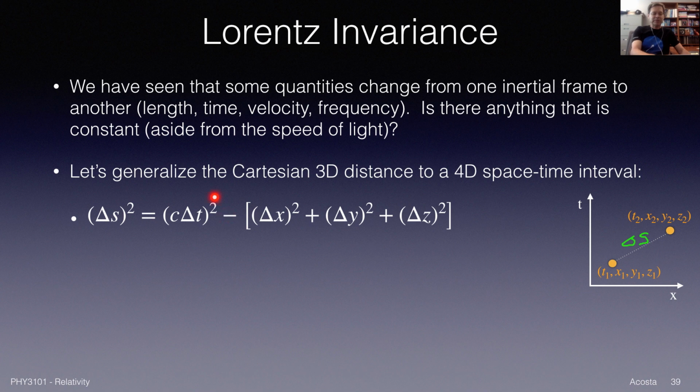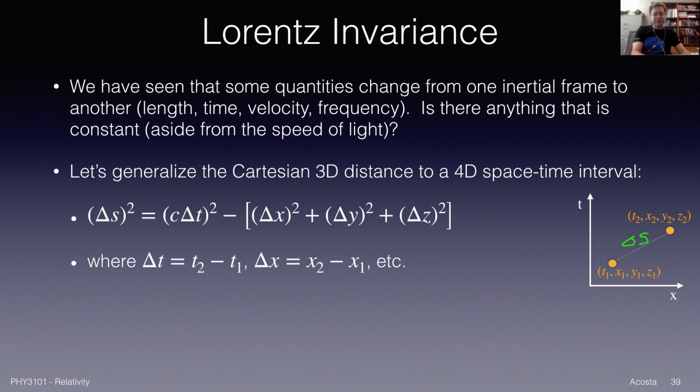So we're going to call this c times the time difference, delta t, between those two events, quantity squared, and then we're going to subtract off what had been the Pythagorean distance in Cartesian space. So we have delta x squared plus delta y squared plus delta z squared. That's like the three-dimensional distance between these two points, the square of it anyway, but we're going to subtract that from (c delta t) squared. And that's going to be our metric for measuring distances in space-time.